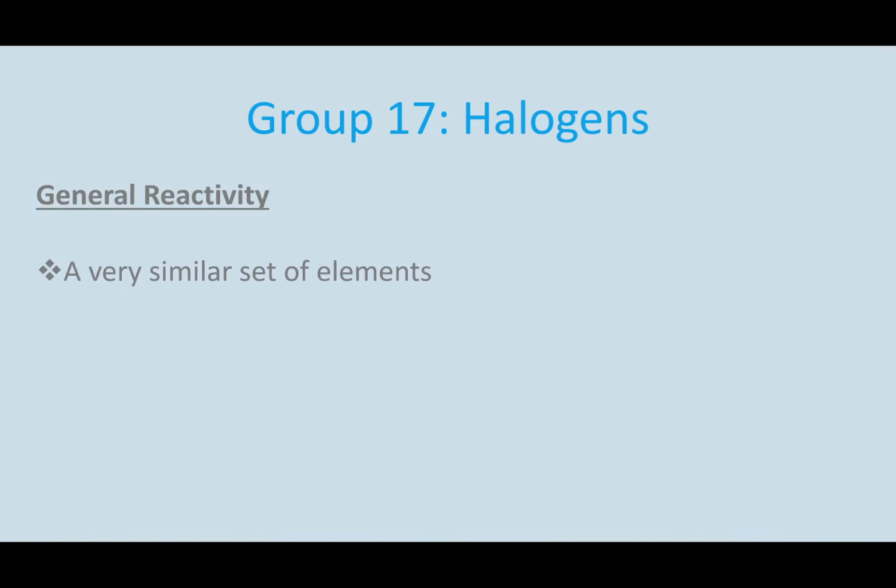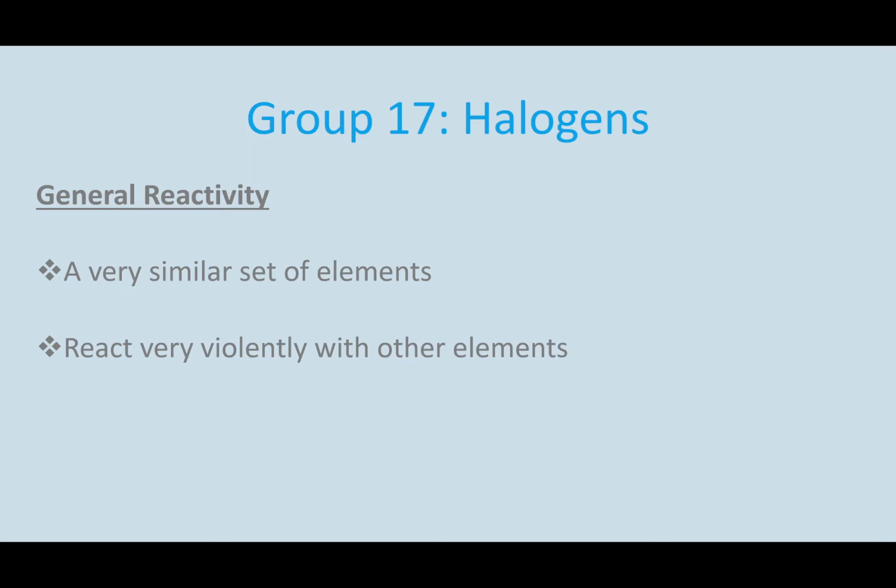Their general reactivity: they are a very similar set of elements, so this is where the commonalities come into play. They react very violently with other elements. We'll talk a little later in another note about why, when we see the Bohr-Rutherford diagrams.